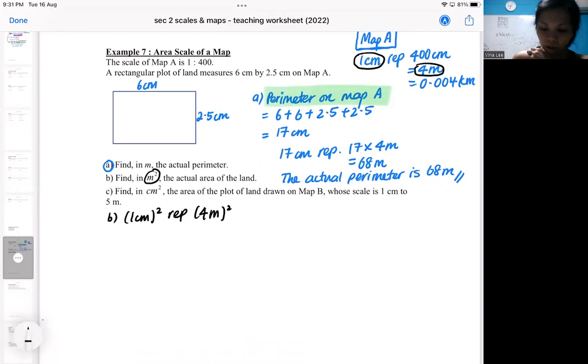I'll square according to the units. I'm not going to square centimeter, it's not going to help. So bear in mind, you square according to what units you like based on the question.